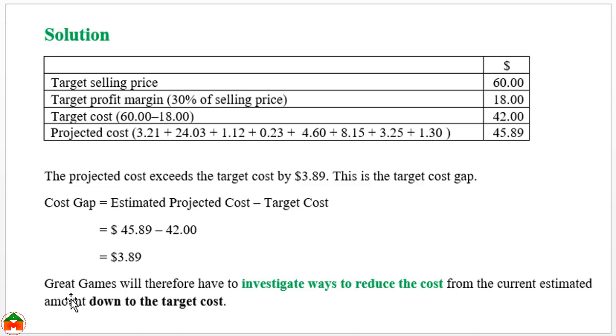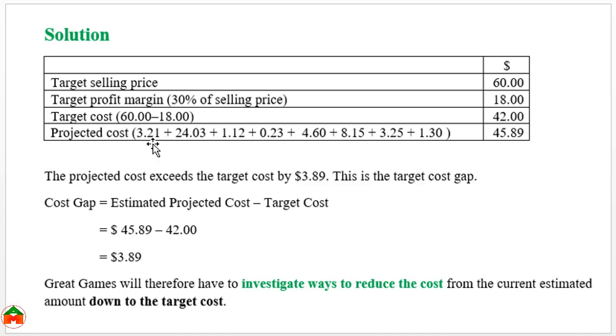Again I am repeating here, Great Games, I mean the company, will therefore have to investigate ways to reduce the cost from the current estimated amount down to the target cost. If we are interested to achieve 30% profit on the available market or sale price, then our target cost should be 42.